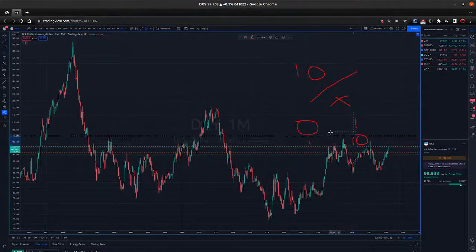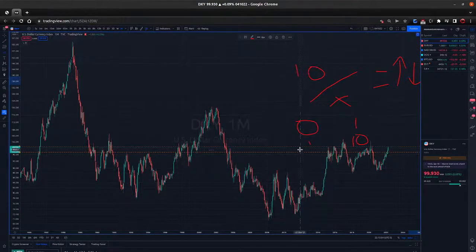As x gets smaller, the whole number itself gets bigger. As x gets bigger, this denominator, you divide the pie by more, it gets smaller.